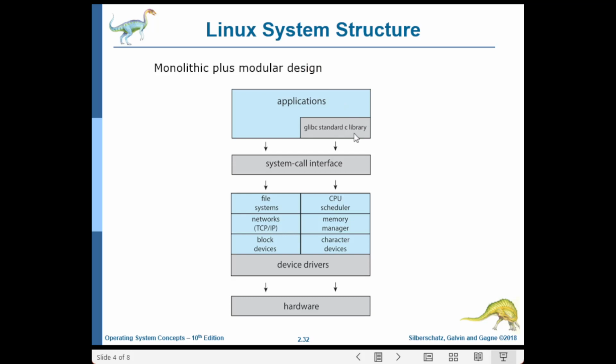For Linux structure, it has application software, where it has the system library, then the system call interface. Below the system call interface, it has the kernel. Inside the kernel, it has file management, CPU scheduler, memory management, and also other OS functions.